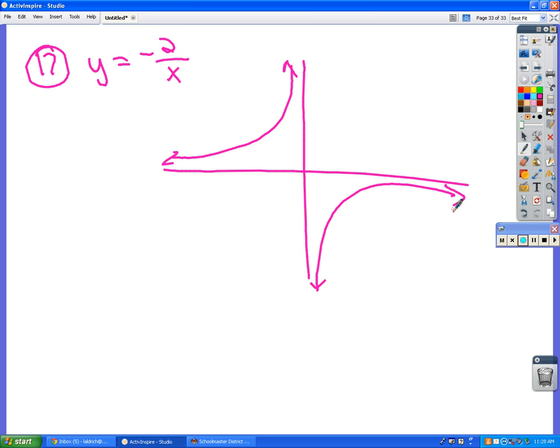Yeah, what are they? -infinity to, there's a hole right here in the middle, so to 0, and 0 to infinity. What's the range? The same thing, -infinity to 0, and then 0 to infinity. One for each branch. Okay? So that's our most easiest basic graph.